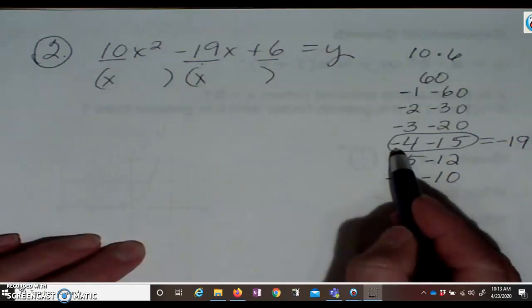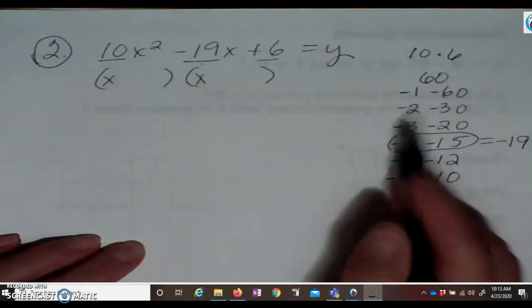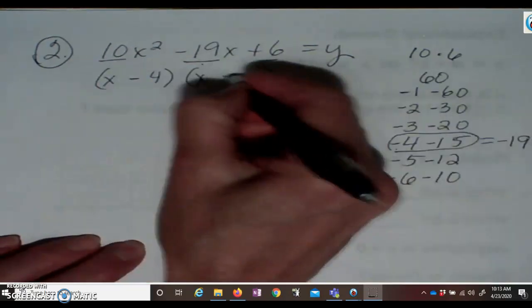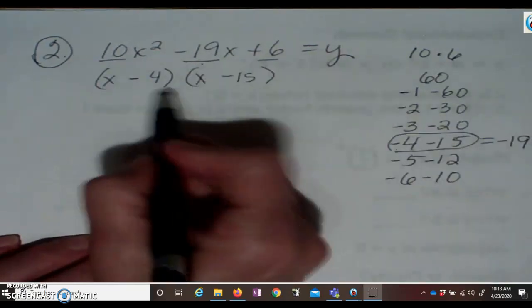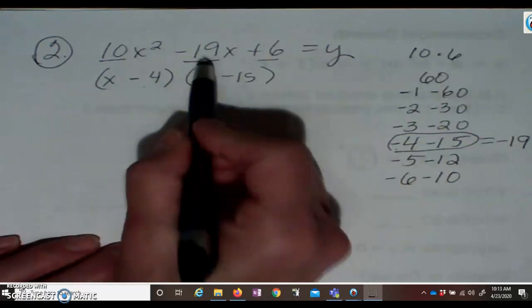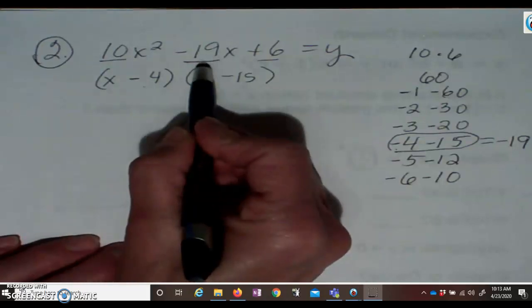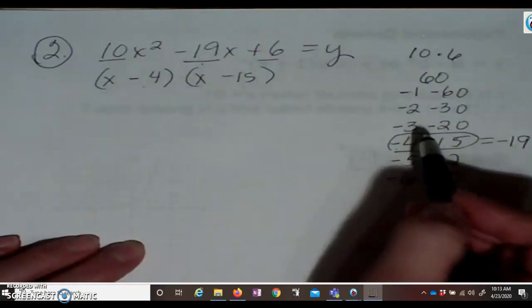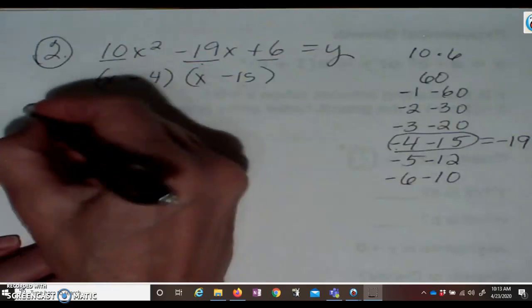Then I'm going to drop these two factors of 60 in here, negative 4 and negative 15. So right here you want to stop and say, does negative 4 plus negative 15 give you negative 19? Yes, it does.